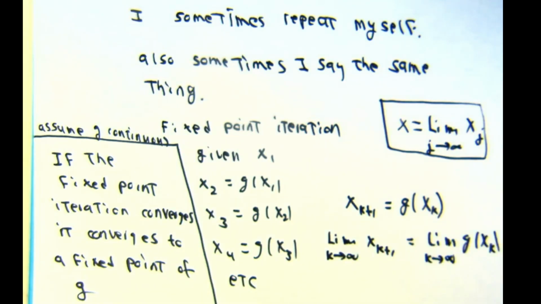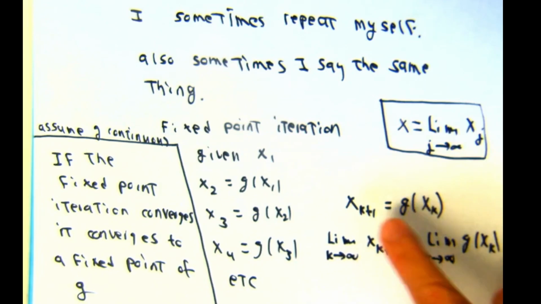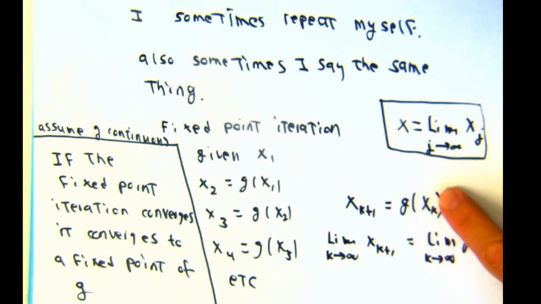The limit as the index becomes indefinitely large of x with that index converges to x. So I don't mind writing this equals that because I know that this limit converges, and these numbers equaling these numbers means this limit converges too.